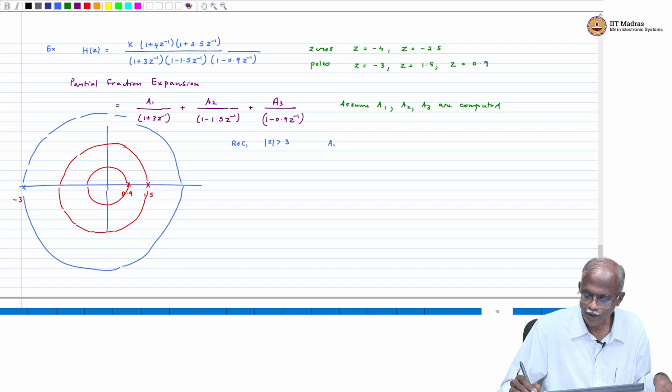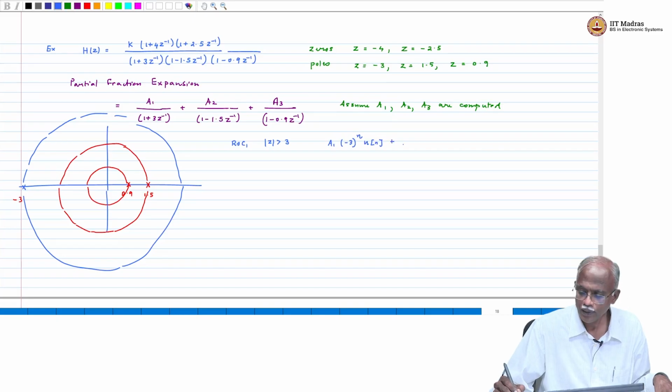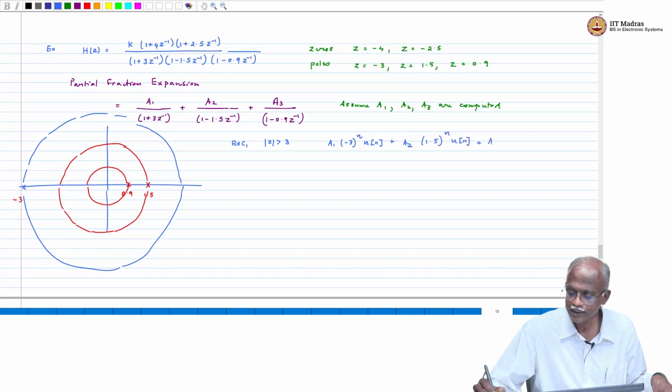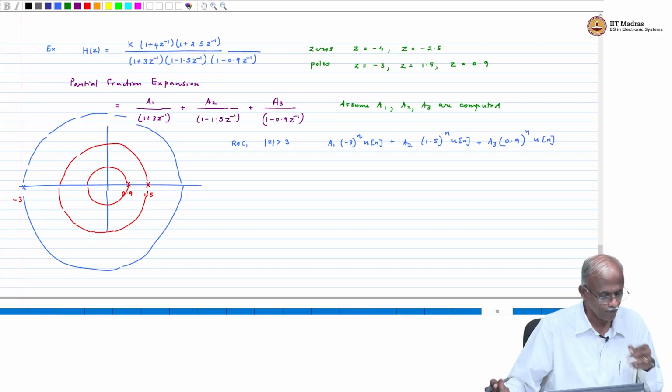It will be A1 times minus 3 raised to the power n u of n, plus A2 times 1.5 raised to the power n u of n, plus A3 times 0.9 to the n u of n.